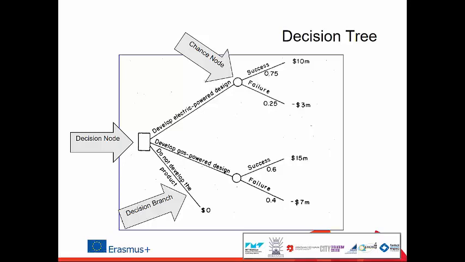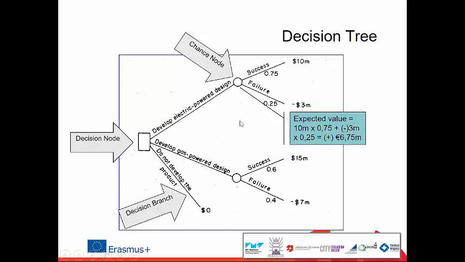We have to multiply the uncertainty times the payoff and sum up for all the branches. So the expected value for this chance node would be 10 million times the probability of that outcome, plus minus 3 million and the probability of that outcome happening, and that results in plus 6.75.